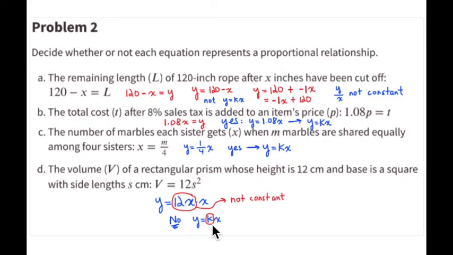To be proportional, this amount right here has to be constant. It cannot change. So that when you figure out the total volume per the length of side, if that were always constant, then it would be a proportional relationship. But in this case, it is not, because this 12x changes with each value of x. So no, it is not a proportional relationship.